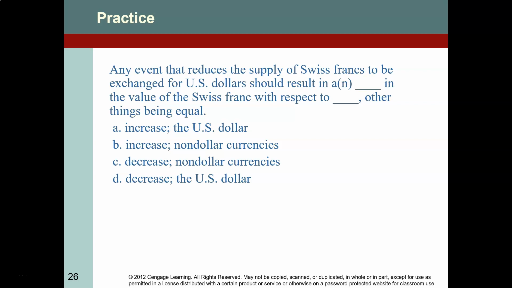If you're ready, the right option should be A. Okay, when the supply of this foreign currency is declining, it means there are fewer people selling it. There should be an increase in the value of the Swiss franc with respect to the US dollar.